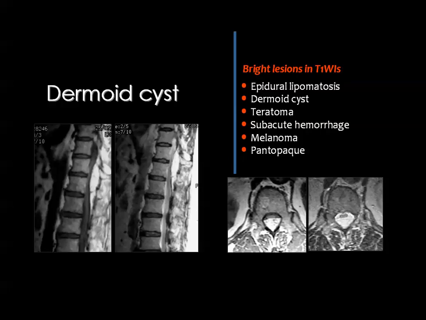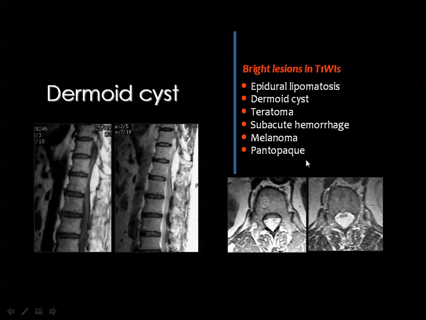Then if you see a lesion of bright signal in the T1 weighted image, consider these possibilities. Either it is fat, as in cases of epidural lipomatosis, or dermoid because of the fat content of the dermoid, or teratoma for the same cause, or subacute blood, extracellular methemoglobin, or melanoma, or Pantopaque.